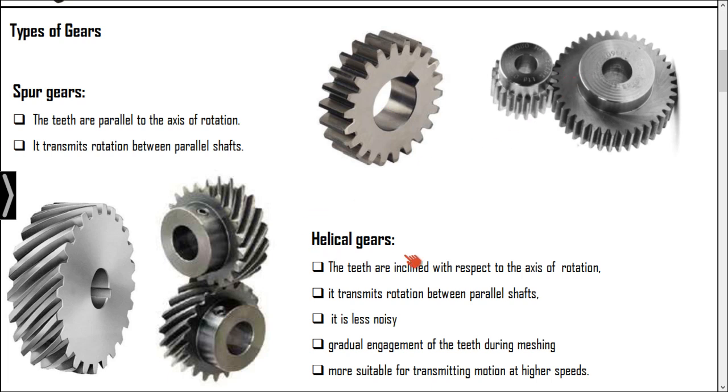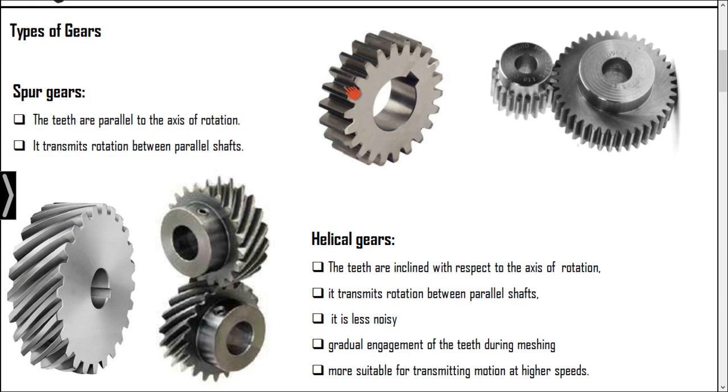Now comes the helical gear, which also transmits power between parallel shafts, but the teeth are inclined at a particular angle, which is called the helix angle. It is less noisy compared to the spur gear. This is because of the gradual engagement of this gear with the other one.